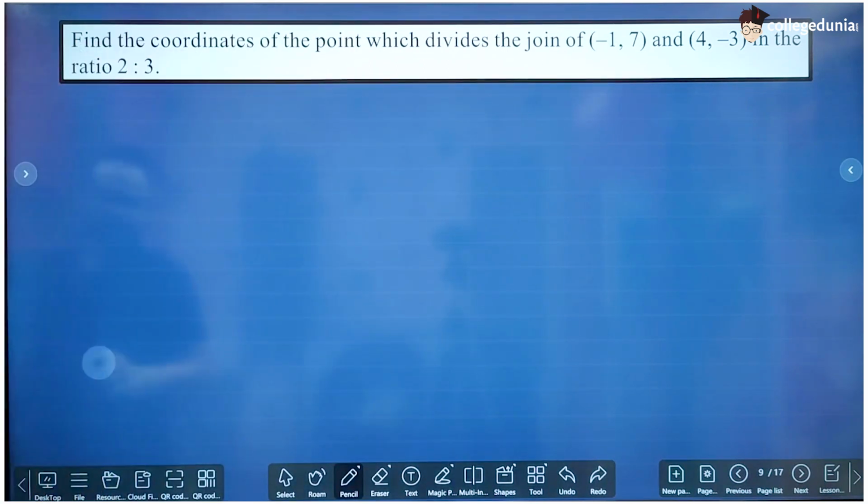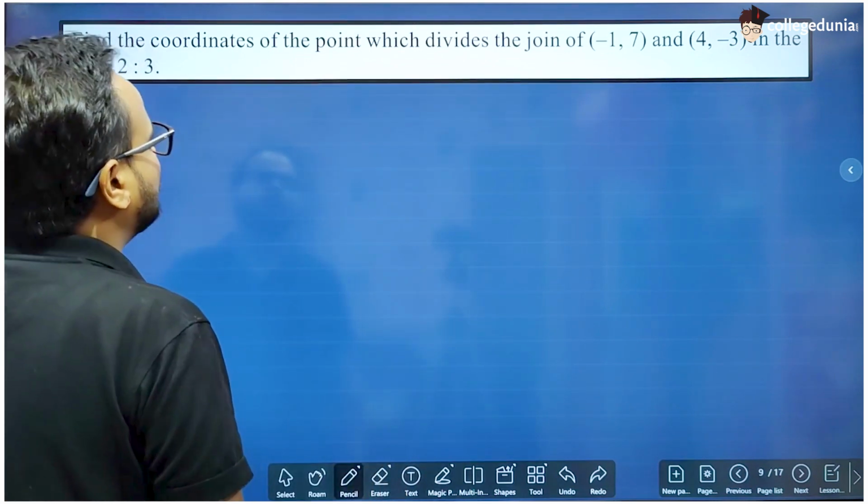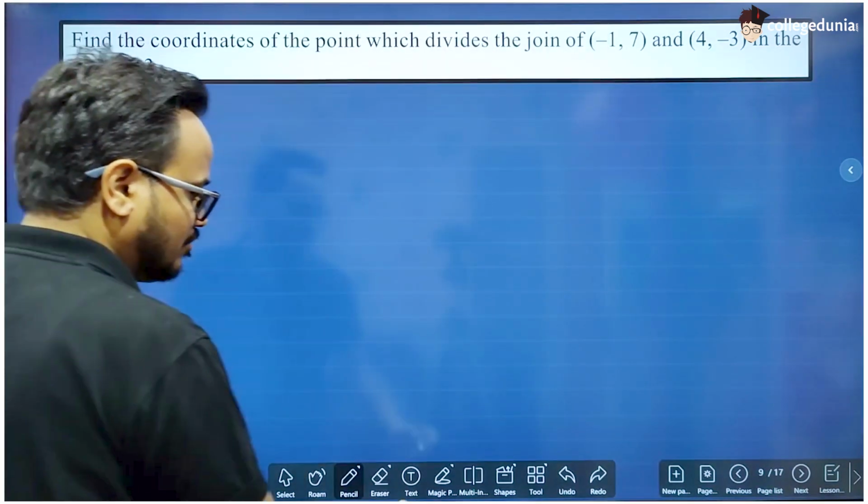Okay, now let us discuss some questions based on this concept from the NCERT textbook. Find the coordinates of the point which divides the join of these two points in the ratio 2:3.